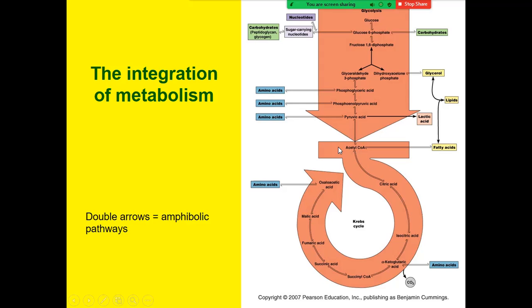And the process for making glucose is actually quite complex for a protein. Like this amino acid enters late in the Krebs cycle, and we have to go all the way this way to get glucose. And the same thing for lipids. You break them down into glycerol and fatty acids.